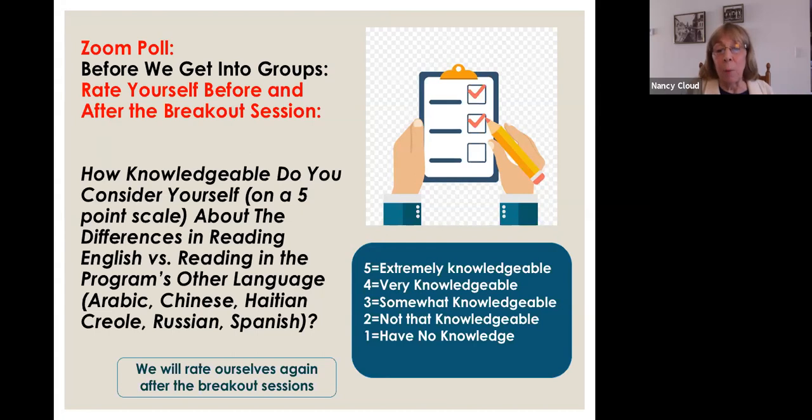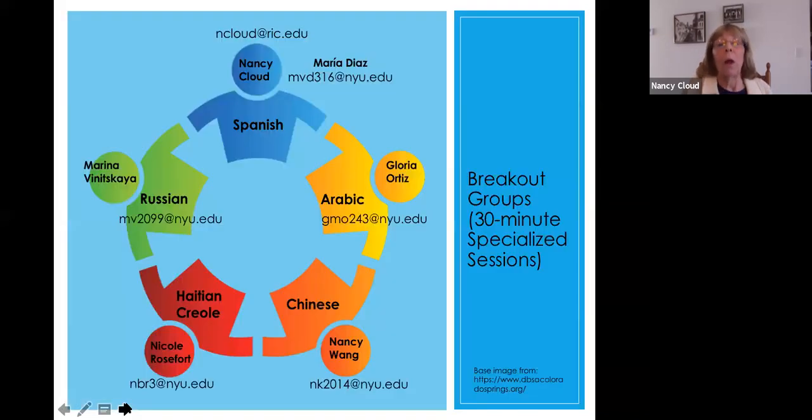We want to help all of you know everything that you could possibly need to know about how the two languages function. For that reason, when you go to the breakout rooms, you will be meeting with people that know the two languages or will support your knowledge of the two languages.